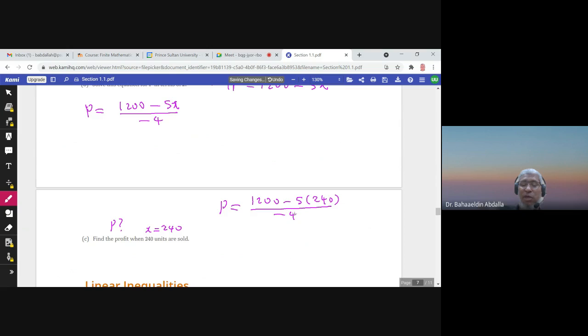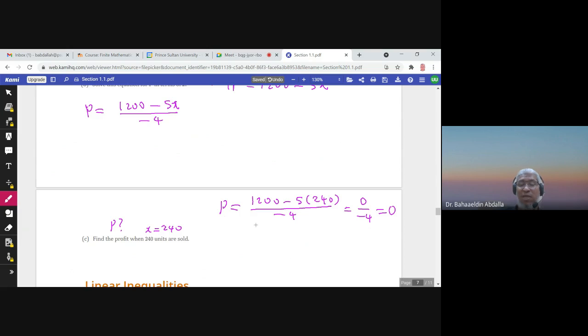I can use the calculator and find 1,200 minus 5 times 240. The answer is 0. Okay, the answer is 0 in the numerator. So it's 0 over negative 4, so 0. What does it mean the profit is 0?